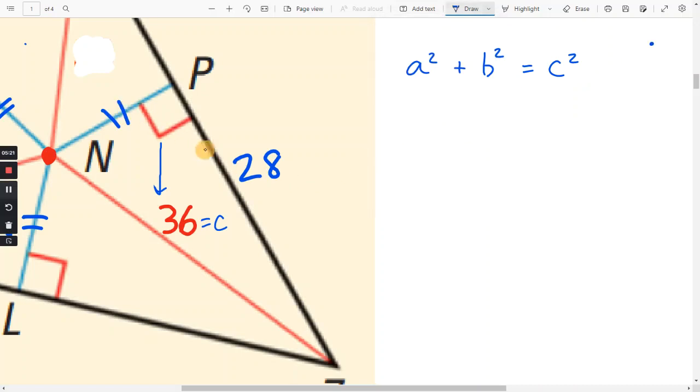And the other two sides, it doesn't matter which is which. So I'll let the 28 equal a, and I'll let this side here equal b. So for a squared, it's going to be 28 squared. For b squared, we just leave it. And for c squared, it's going to be 36 squared.